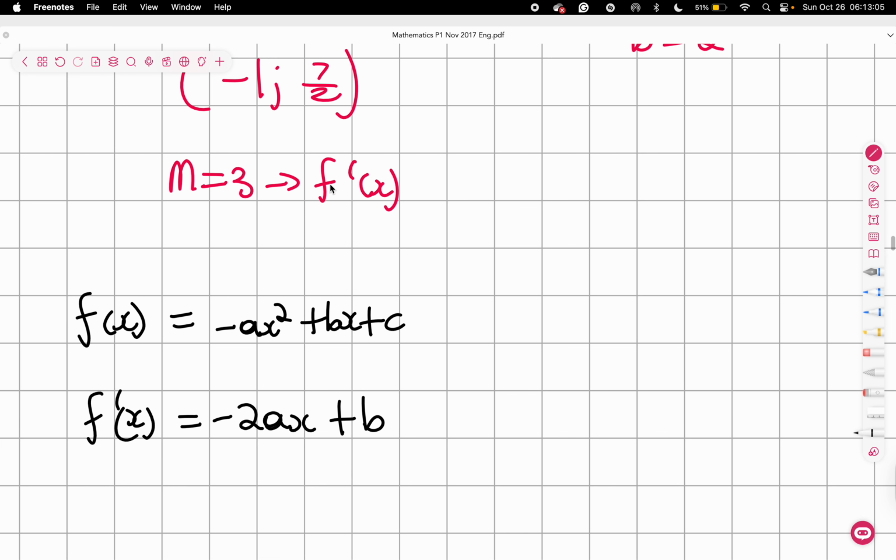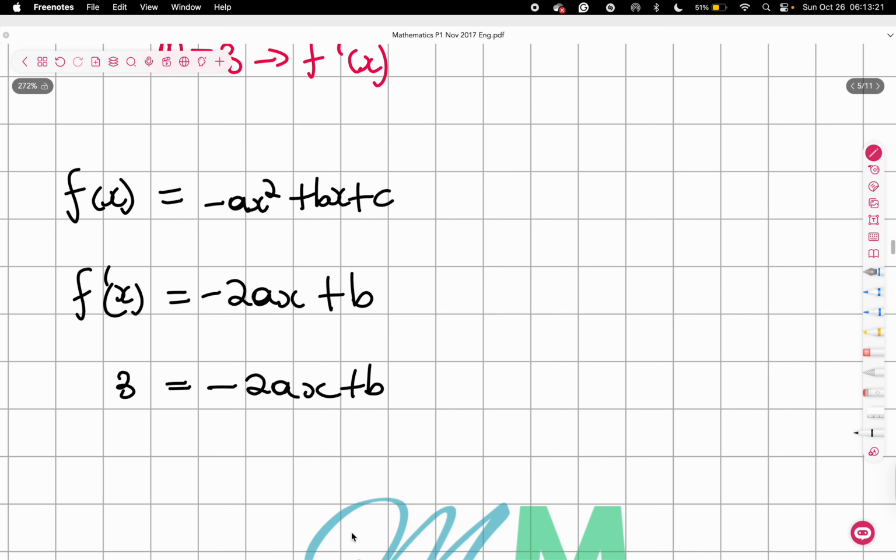But remember, you are told that f prime of x is 3, which means the gradient is 3. So you're going to say 3 is equal to negative 2ax plus b. But then remember, you are given the point, which is negative 1 and 7 over 2, right?